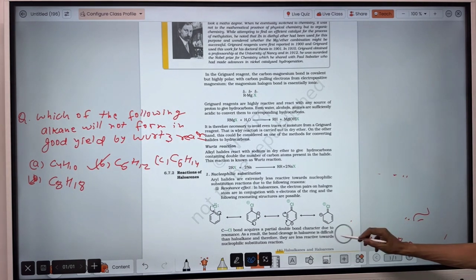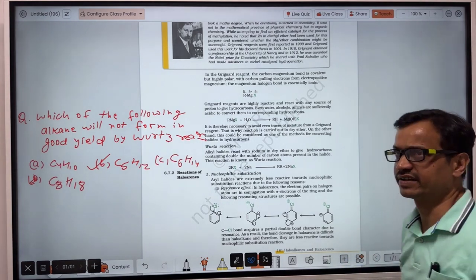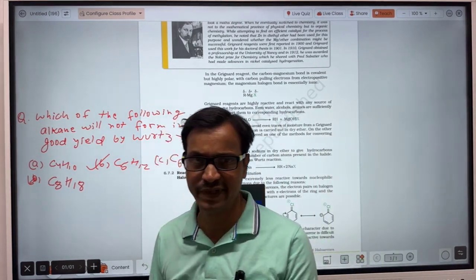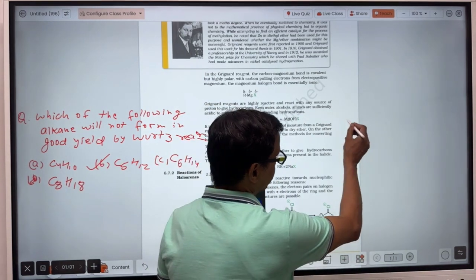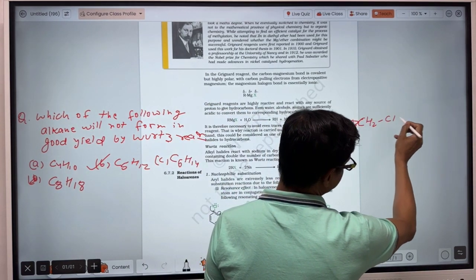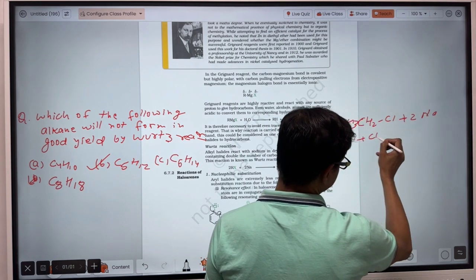If you take a haloalkane having 2 carbon atoms, that means chloroethane, and you take chloropropane, then what will happen? Chloroethane, 2 moles of sodium and chloropropane.